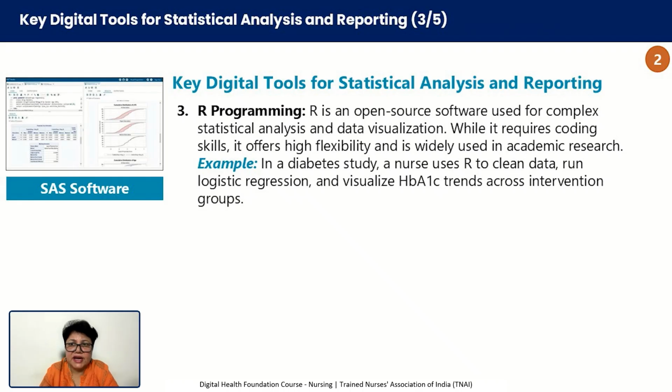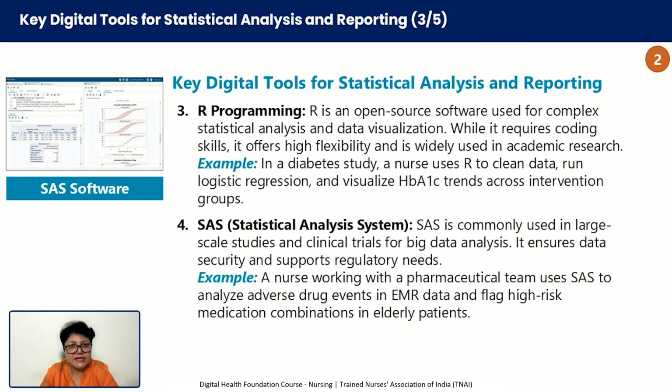For instance, in a diabetes study, a nurse may use R to clean large databases, apply logistic regression, and visualize trends like HbA1c levels across the different groups. On the other hand, SAS is widely adopted for large scale studies and clinical trials. Known for its robustness and regulatory compliance, SAS helps manage big data securely.